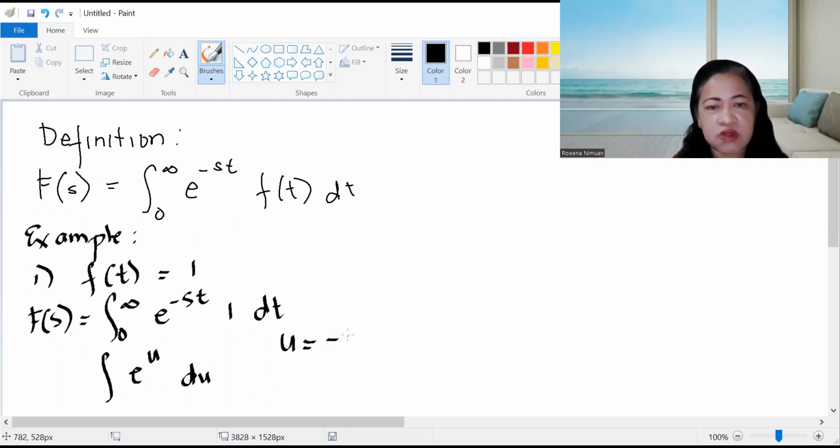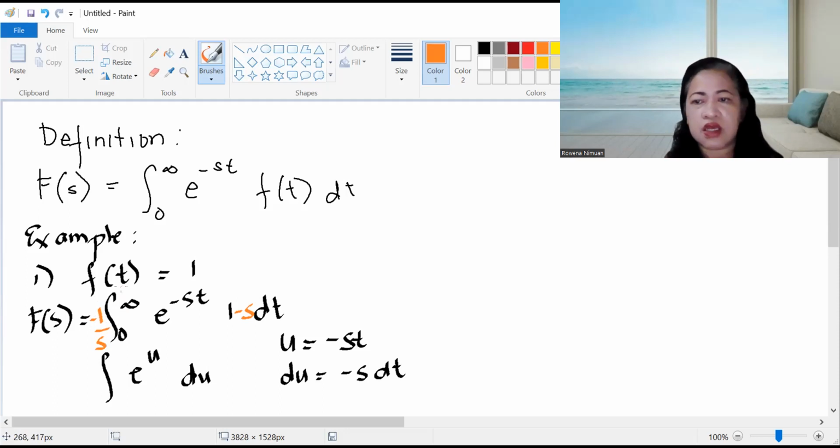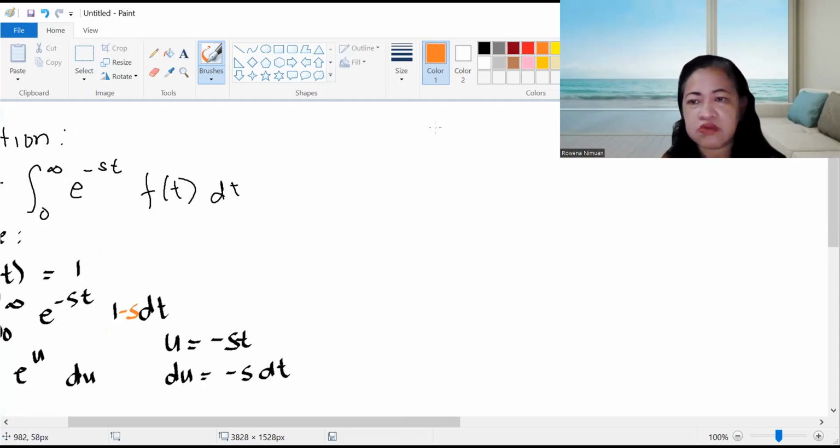So u is equal to negative st, and to derive that, du is equal to negative s dt. So if I introduce here negative s, our equation will now become negative 1 over s.